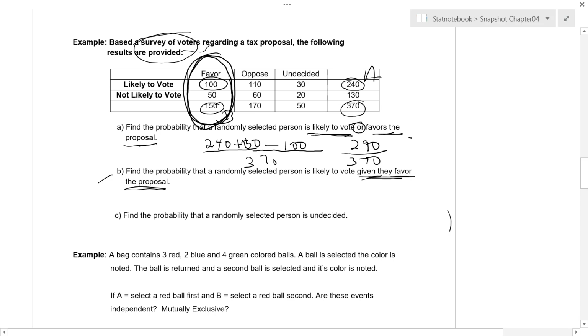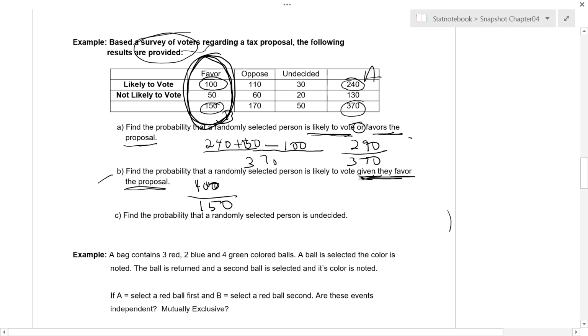Favor the proposal. In this world here, those likely to vote is 100. Got a 100, right? The total number of people in this world, 150. So again, this was a conditional probability.